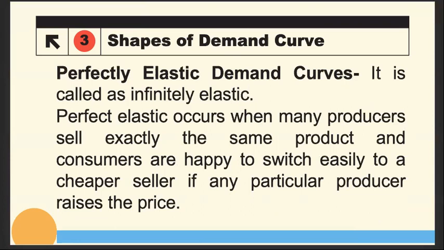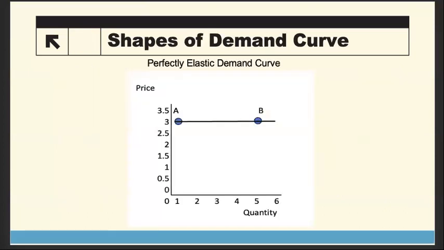Demand is perfectly elastic, of course, when many producers sell exactly the same product and consumers are happy to switch easily to a cheaper seller if any particular producer raises the price of their products. As an example of a perfectly elastic demand curve, there are several gas stations at a busy intersection with their prices posted for motorists to see.